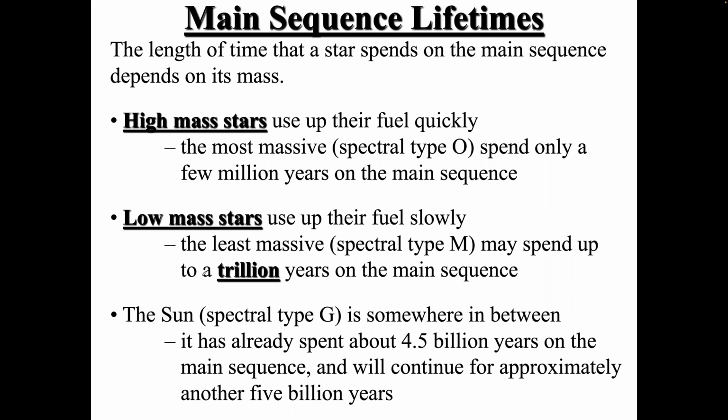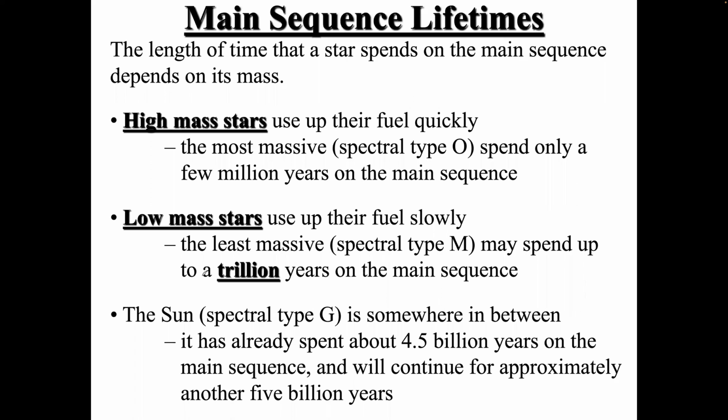So because of that, they will keep on burning hydrogen into helium for a long time. And as long as they burn hydrogen into helium at their cores, the stars will remain on the main sequence for that time period, which is basically around a trillion years for these low mass stars, right?